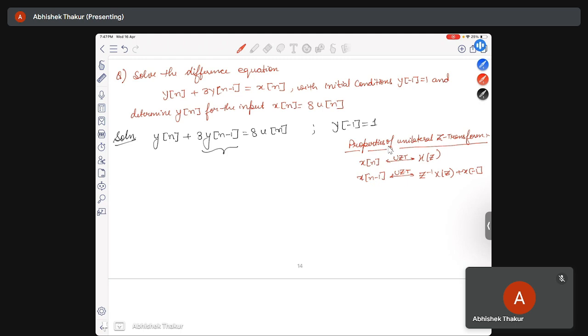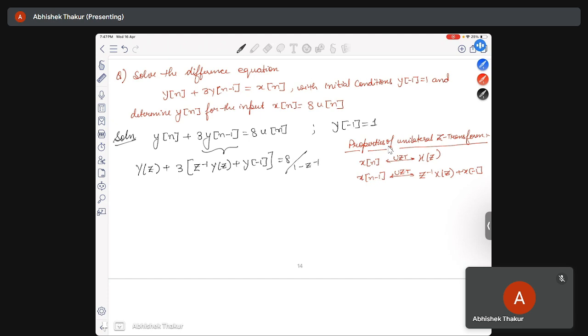So we will get Y(z) plus 3 z inverse Y(z) plus y(-1) is equal to 8 times the Z transform of u(n), which will be 1 by 1 minus z inverse.